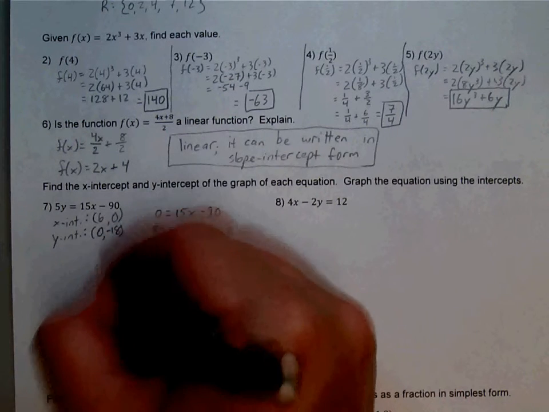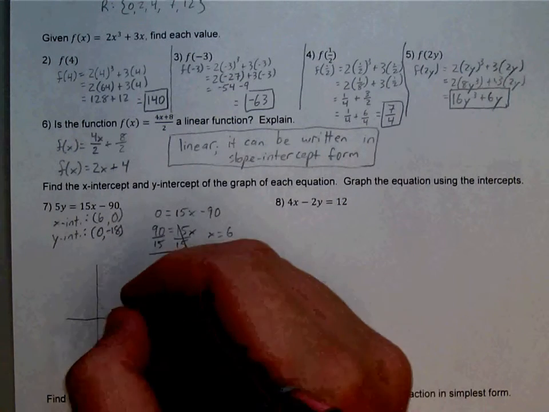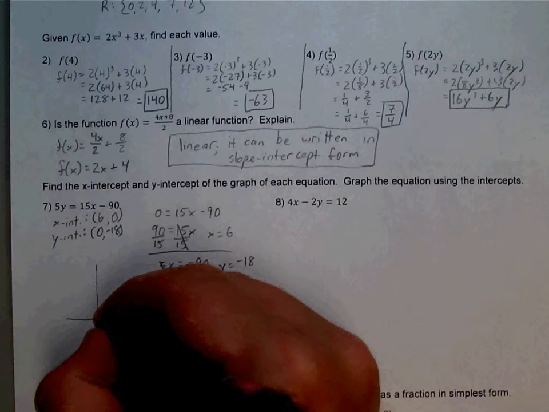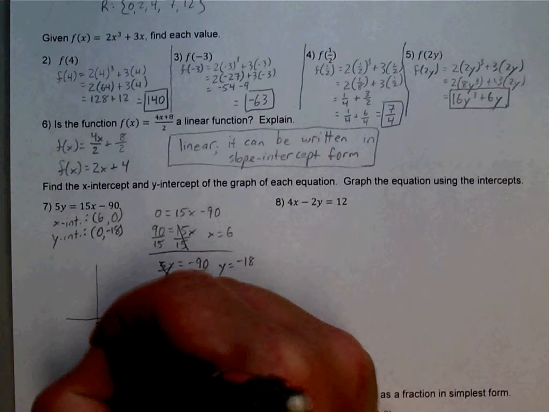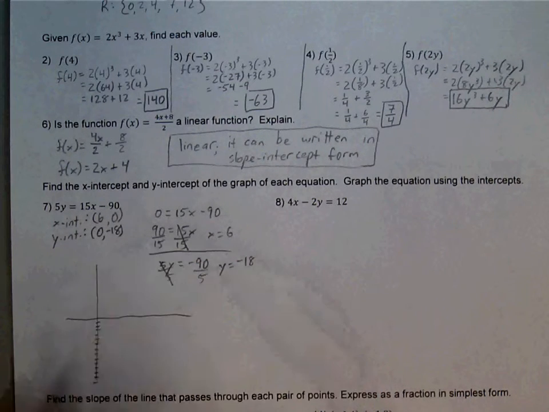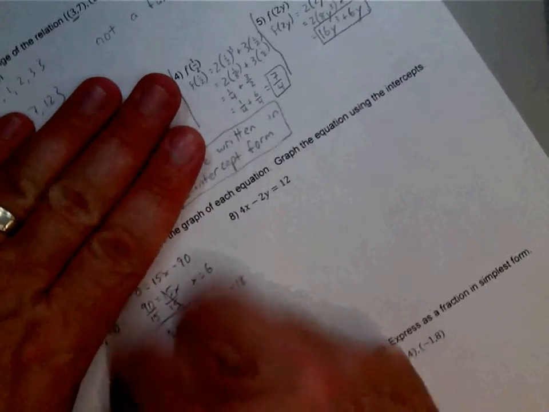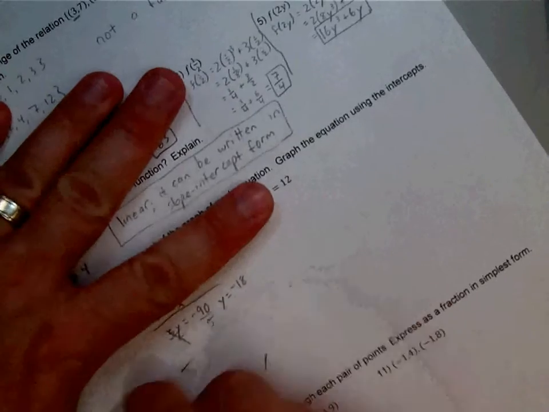So then to graph that, I should have given myself a little more room to go down. We have to go all the way down to negative 18.